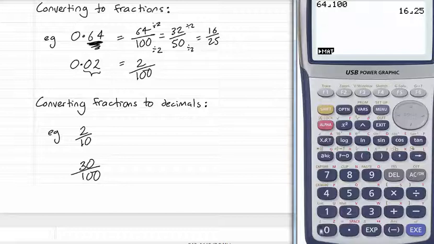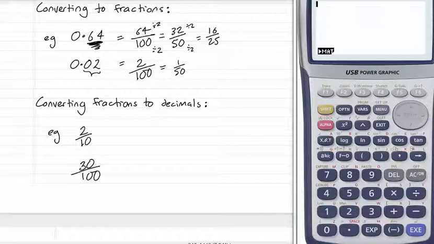We can also check our fraction, 0.64, and I believe second function and the fraction key, oh no, some of the calculators will let you take a decimal back to a fraction, but this isn't the one I normally use, so I'm not certain. And of course, let's simplify our other fraction. That's 1 over 50, dividing by 2 on the top and bottom.